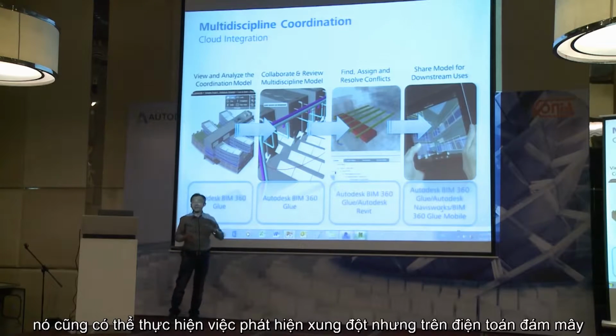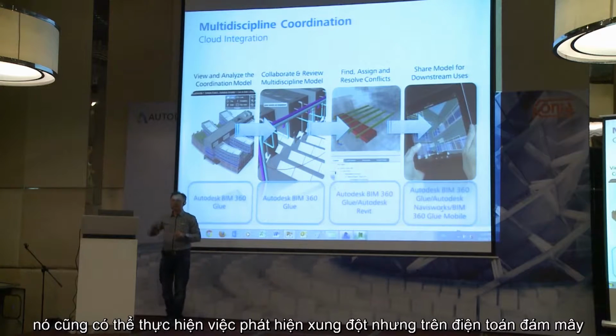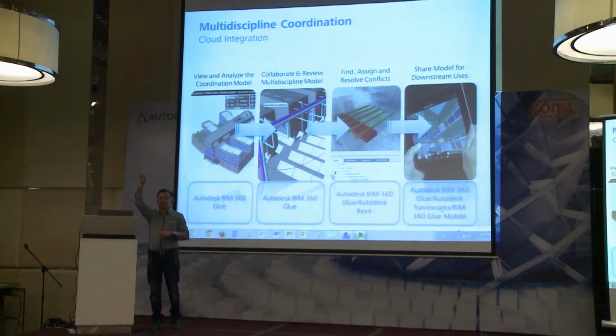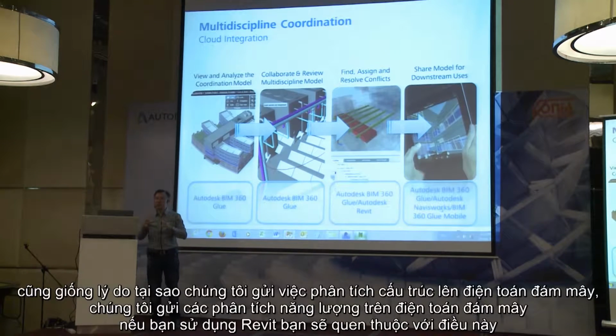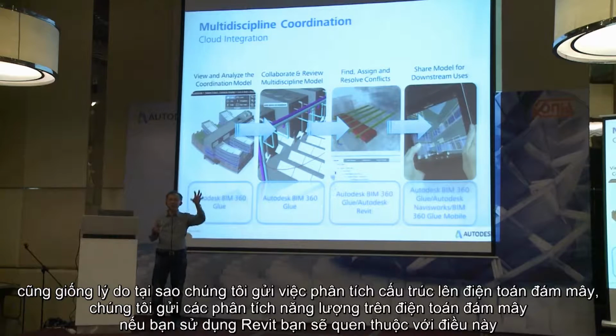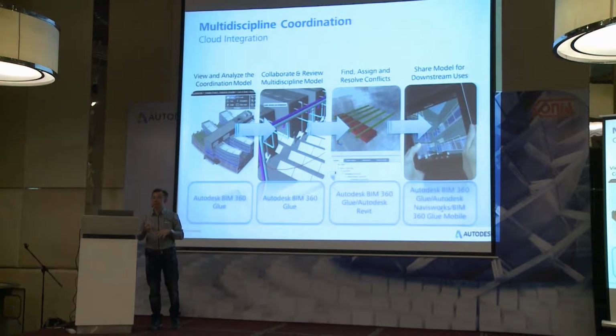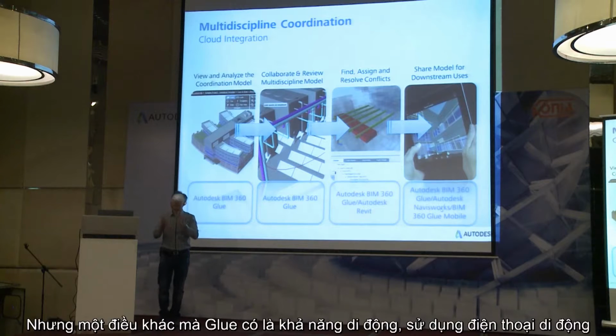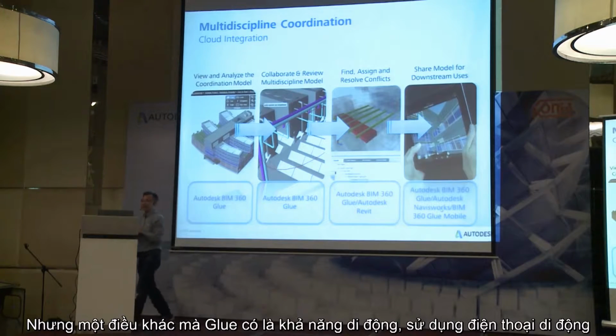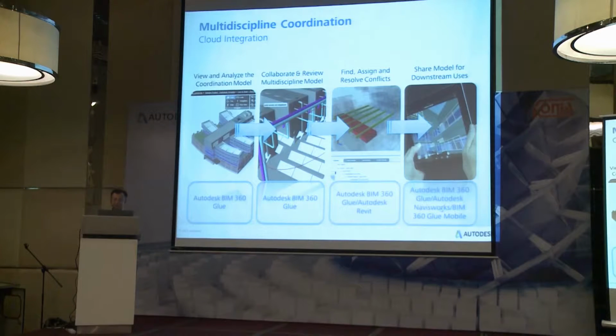It also can do crash detection, but on cloud. So that means you have a huge computer system that helps you analyze. The same, that's why we send the structure analysis on cloud. We send the energy analysis on cloud. If you use Revit, you'll be familiar with this service on the cloud, right? But another thing that Glue has is the ability to use mobile.